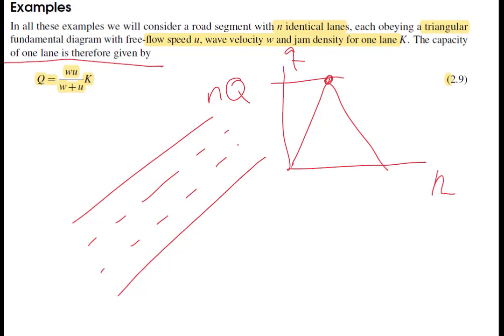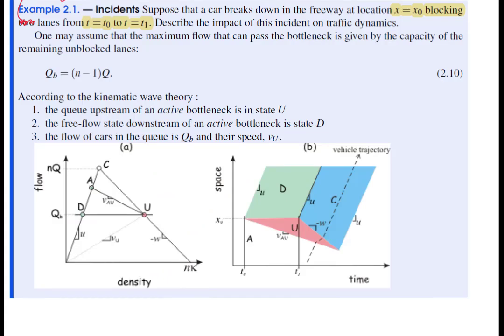If you block one lane, then NQ is the capacity, and QB is the capacity of the bottleneck. In this assumption it blocks one lane, so QB is n minus 1 times Q. If it blocks two lanes, it's going to be n minus 2, etc. It could have been two lanes, but typically it's one lane.